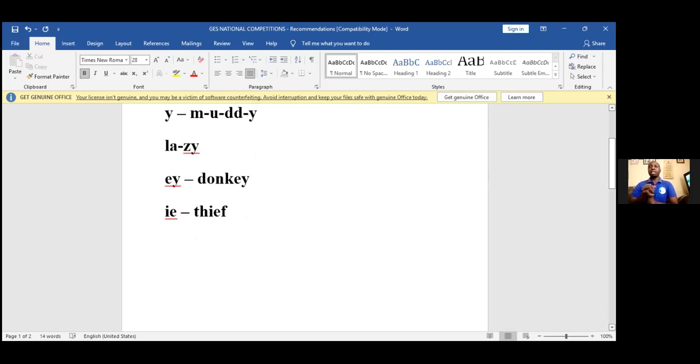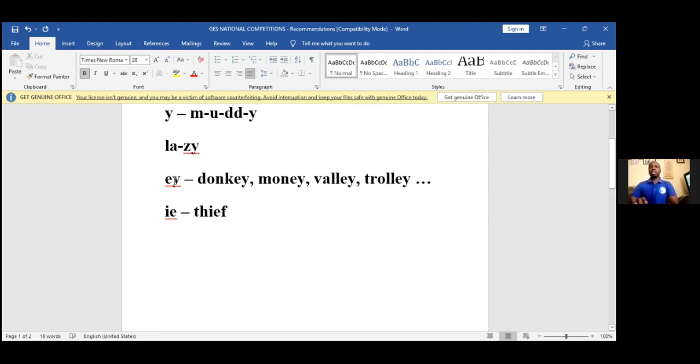I wanted to tell the members in the house that there are so many other ways. I can give you just a few here. You can also find words like donkey, money, valley, trolley, and so many others.